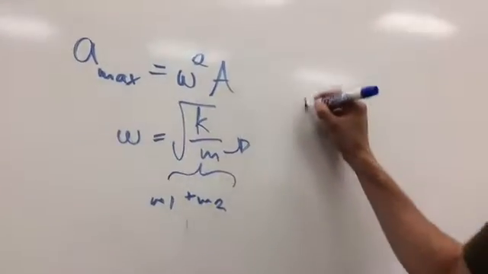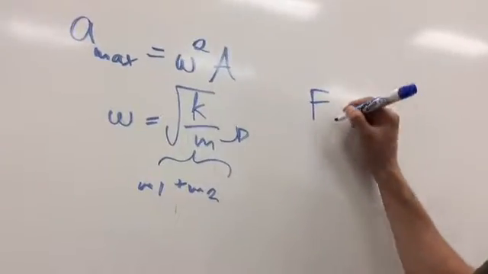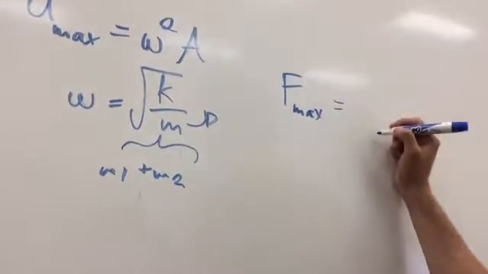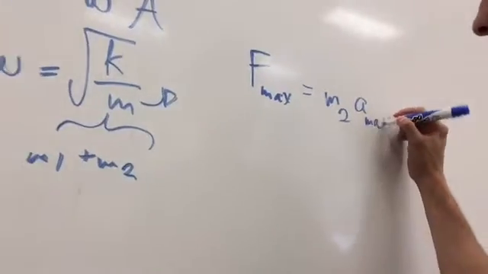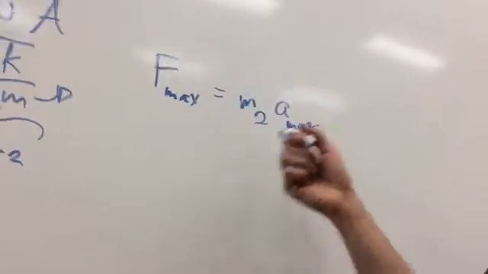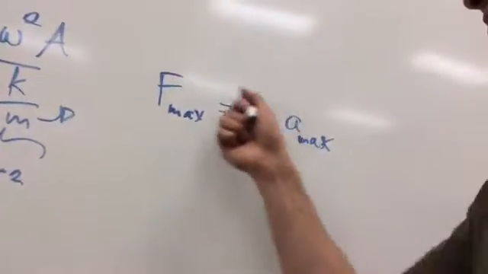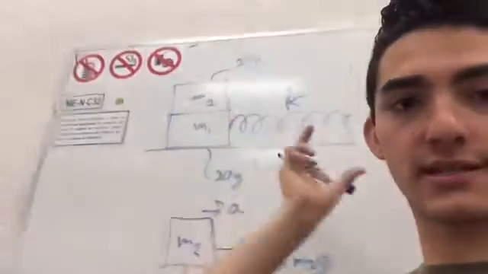Then we can calculate this with Newton's second law, which says the maximum force will be equal to the mass times the acceleration. And here we are only talking about the second mass, because this is the only one that will be falling or moving besides the movement of the spring.